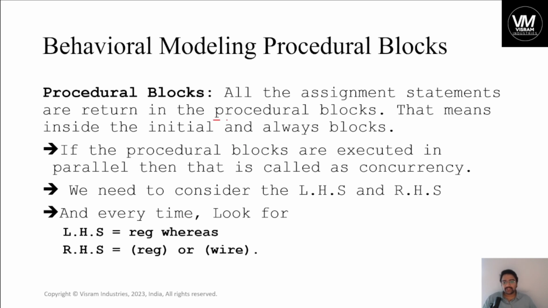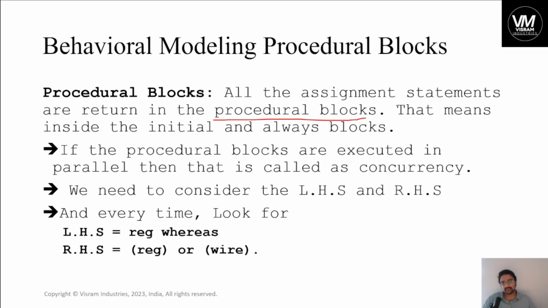Those are procedural blocks. So what do we have in behavioral modeling? We have procedural blocks. What are procedural blocks? We have initial and always blocks. In the same way, if the procedural blocks are executed, for one module and another module, or in the same module you have two procedural blocks, that is also fine.